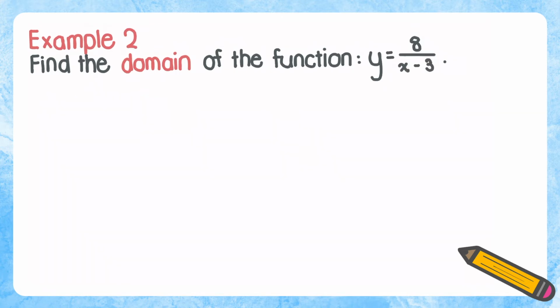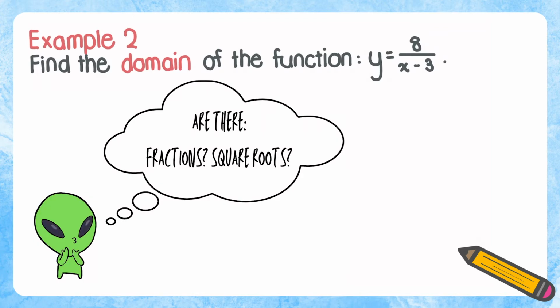So for the next example, let's find the domain of the function y equals 8 over x minus 3. Again, I ask myself if there are fractions or square roots. And in this case, we have fractions.